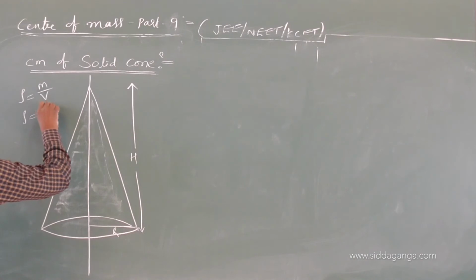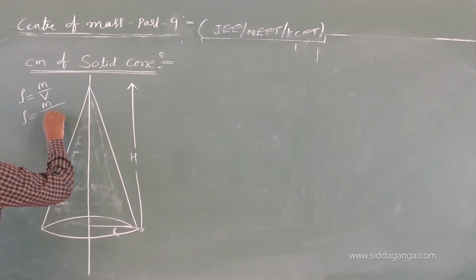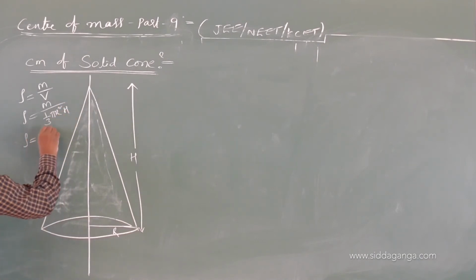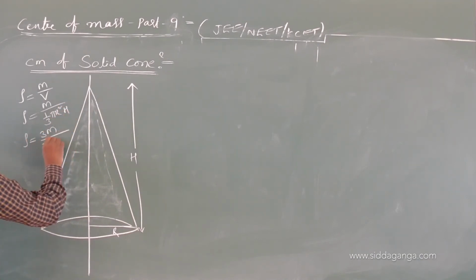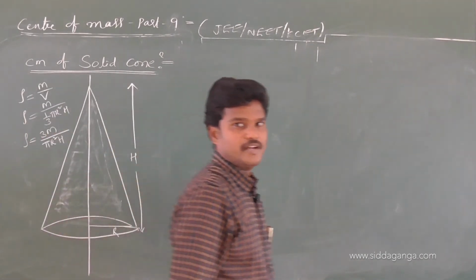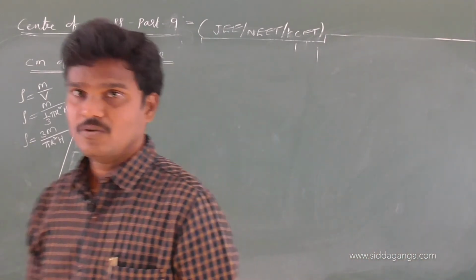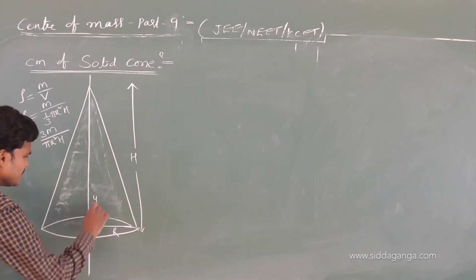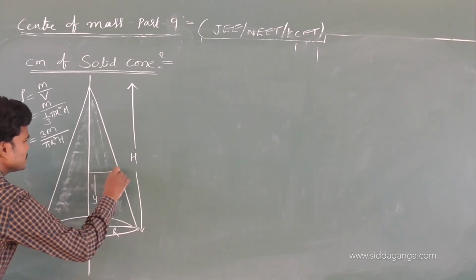Keep these formulas in mind. Now let us go for the small element. At a distance of y, you can take a small portion, so let me take a small portion here.